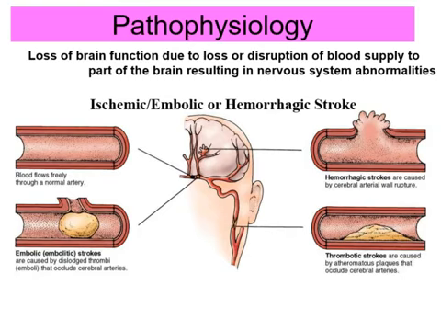So what causes these things to happen, ischemic or hemorrhagic strokes? For our ischemic strokes, it can be from atherosclerosis, which is decreased cerebral perfusion, almost like coronary artery disease in our heart. This is what happens in the brain.